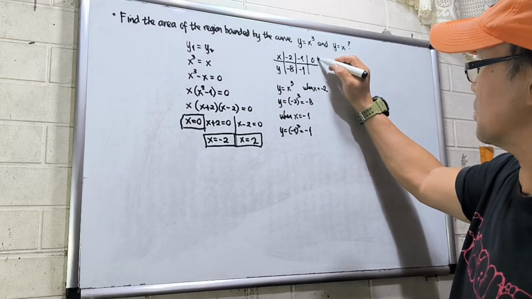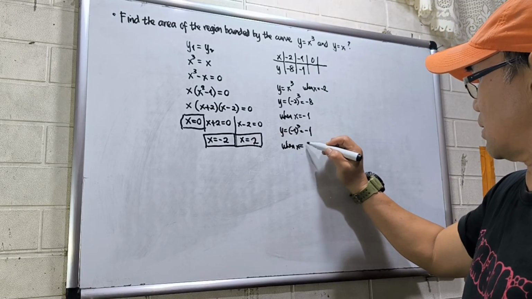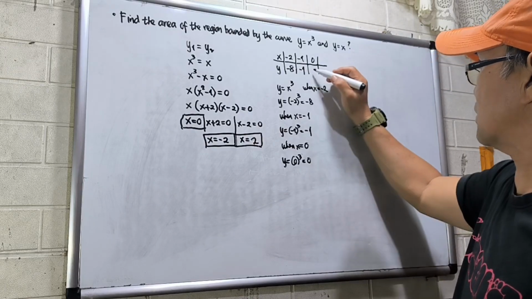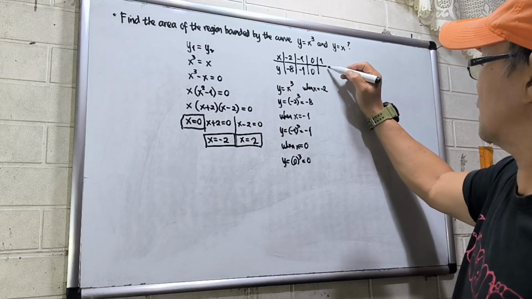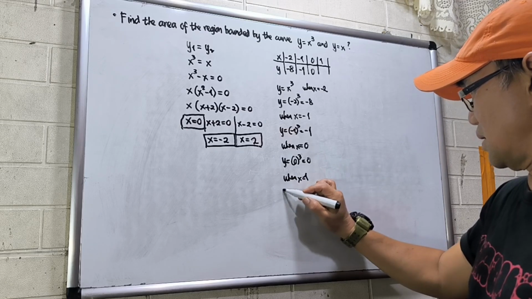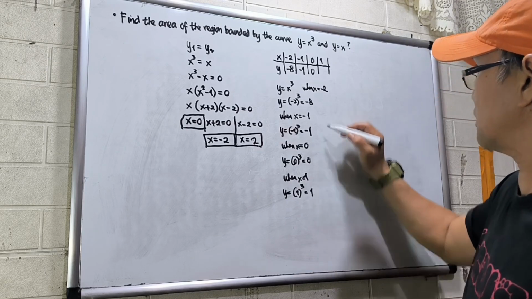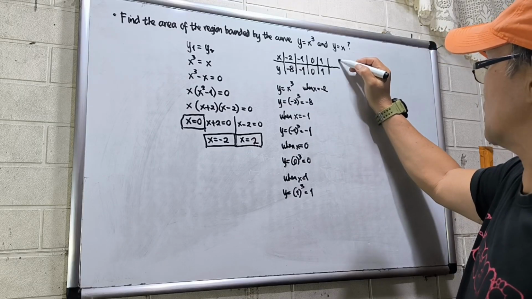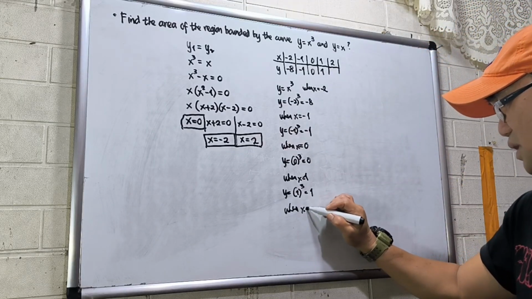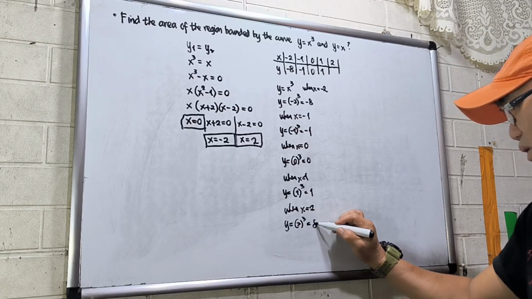Then 0: when x equals 0, y equals 0 cubed, which is 0. When x equals 1, y equals positive 1 raised to the power of 3, that will be 1. The last is 2: when x equals 2, y equals 2 cubed, so this will be 8.